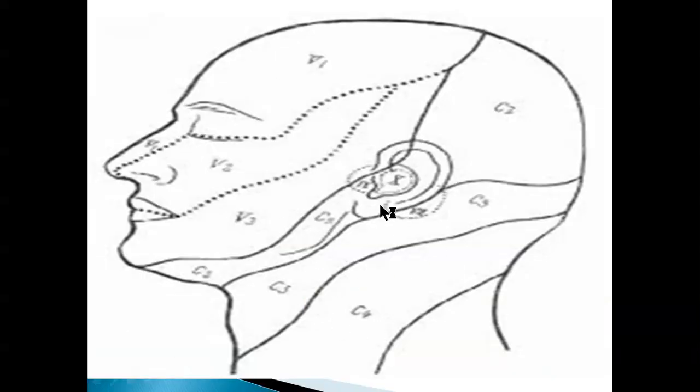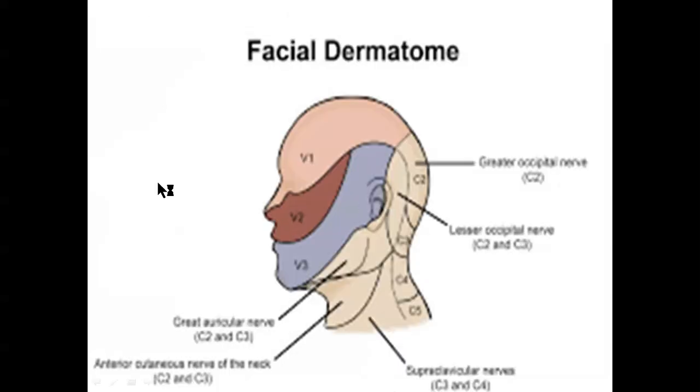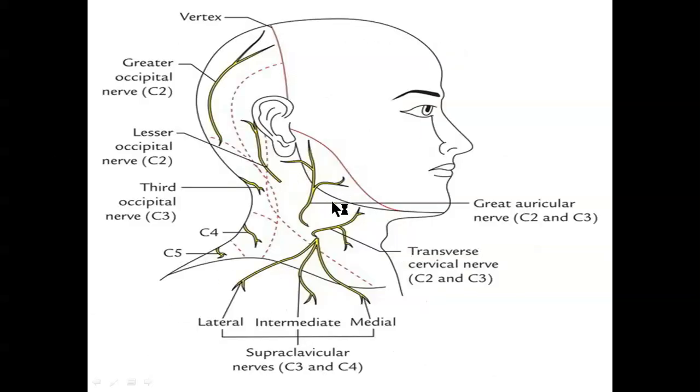Then in the superficial fascia itself, there would be your cutaneous branches, which we have talked about in detail. So here are the cutaneous branches in this region: four in the side of the neck and four in the back of the neck.